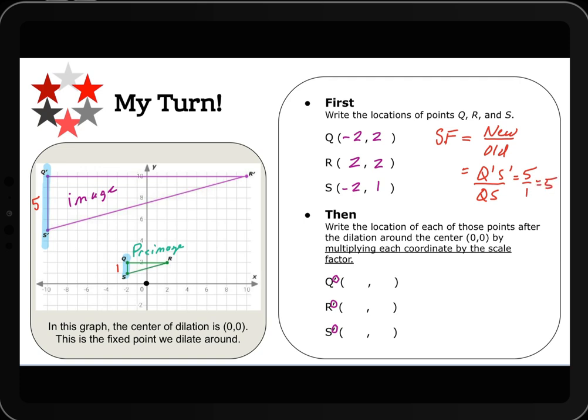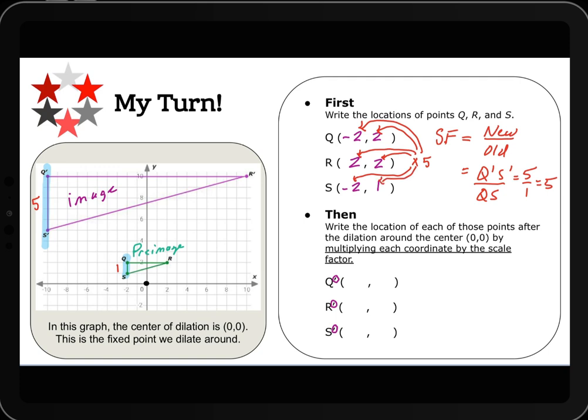I want the scale factor because I can use it to identify my new coordinates of Q prime, R prime, S prime. How do we do that? Well, we're going to take the scale factor of 5 and we're going to multiply the X and Y values of every ordered pair in our pre-image.